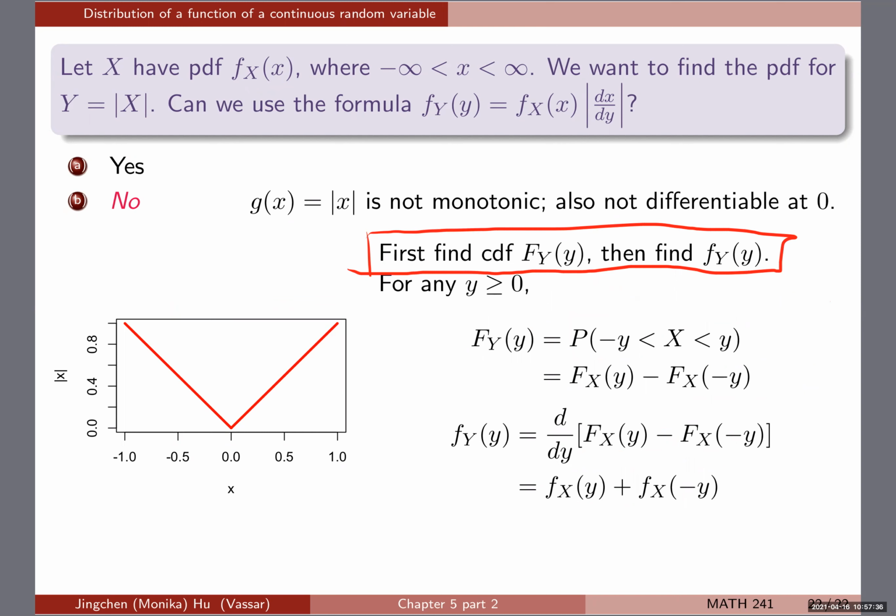Finding the CDF requires you to think hard about the relationship between X and Y. The CDF of Y, you can always express by writing the probability that capital Y is smaller than small y, where small y is a constant and capital Y is the random variable. Knowing the relationship between them, you're able to express the CDF of Y in terms of the CDF of X. The CDF of X is known because it is given.